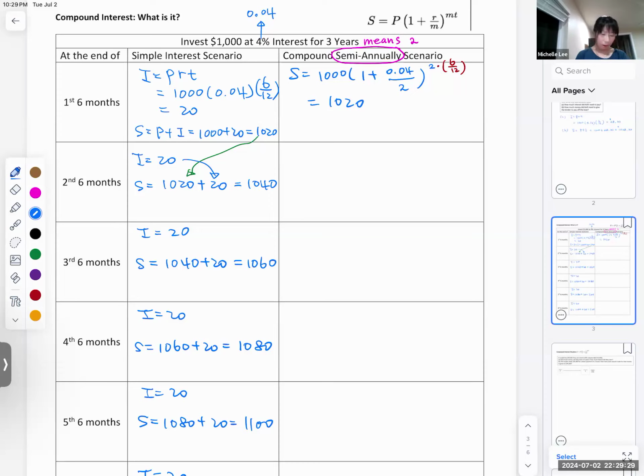All right, so we write the same: 1 plus 0.04 over 2 because semi-annually, and then 2 times T, where T equals 1 for the second 6 months, right? So this is 1 year.